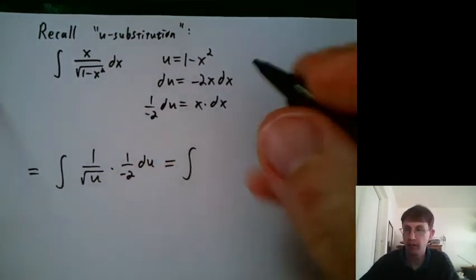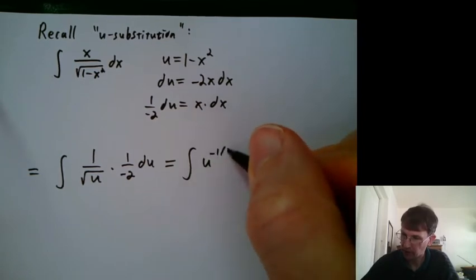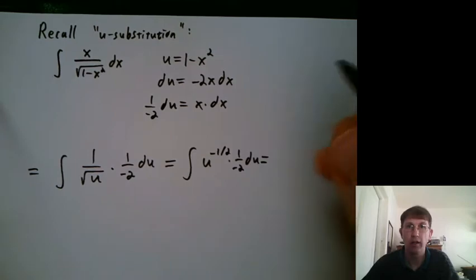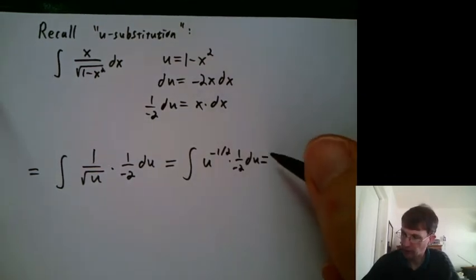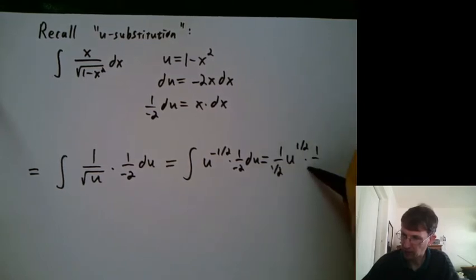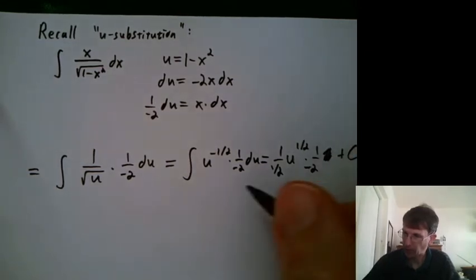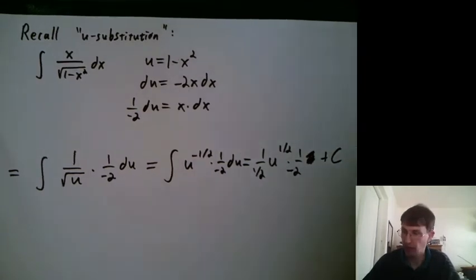Might help to rewrite that as a power. That's u to the negative half times 1 over negative 2 du. And then do the power rule on that, and we'd get u to the positive 1/2, 1 over positive 1/2, times 1 over negative 2, not du, just plus c. And then substitute back, right?